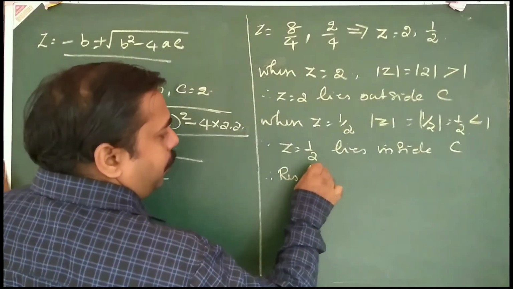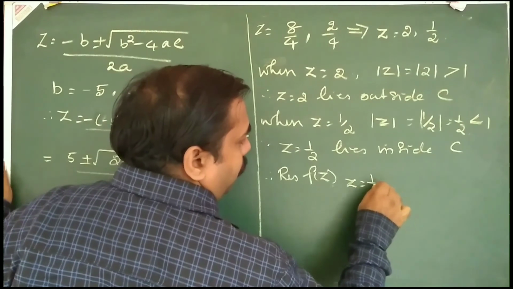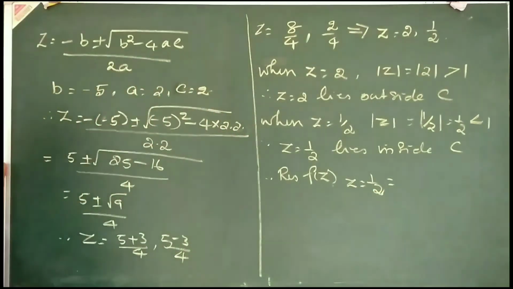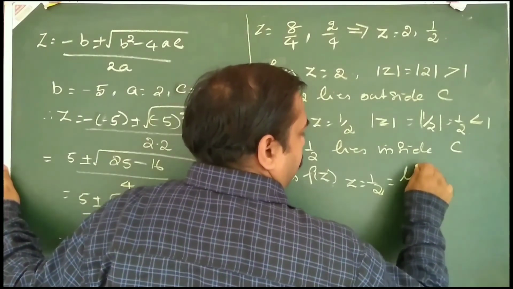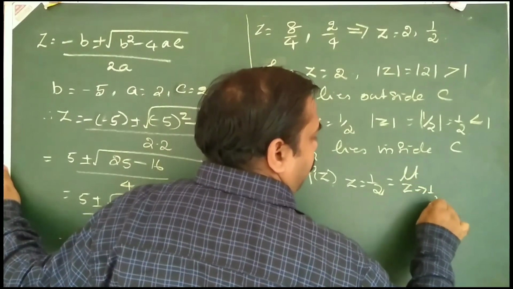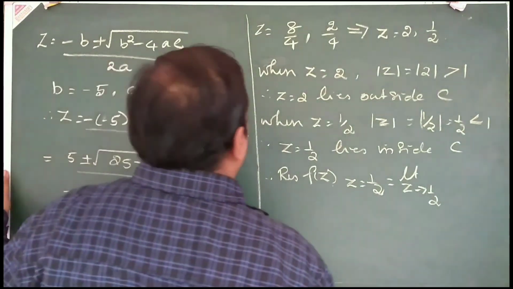Therefore, residue of f of z at z is equal to 1 by 2 equals limit z tends to 1 by 2. What is f of z?